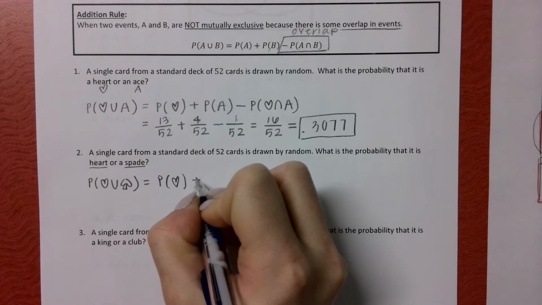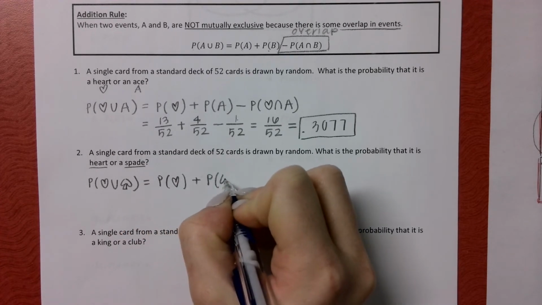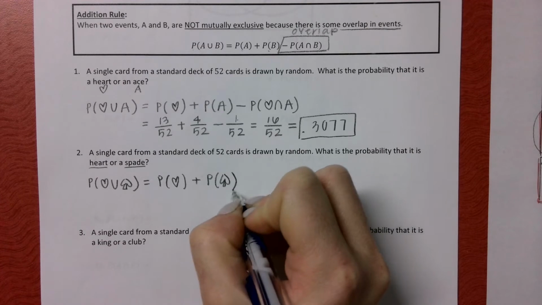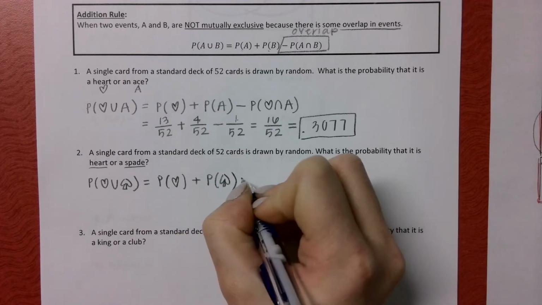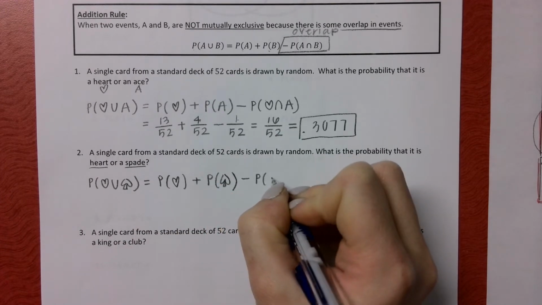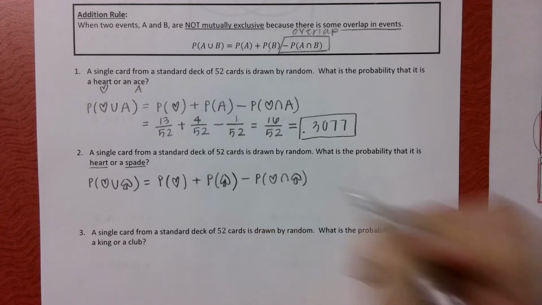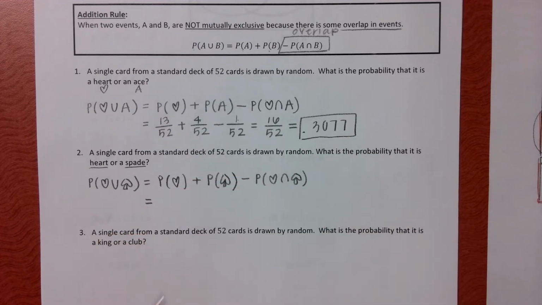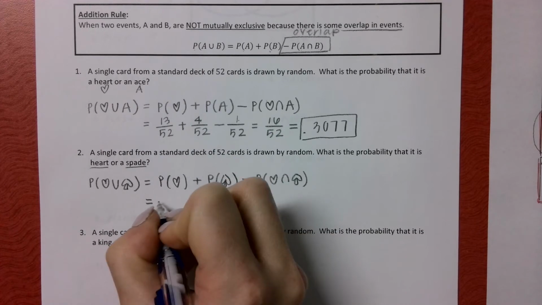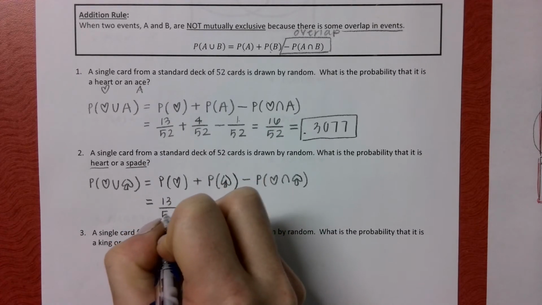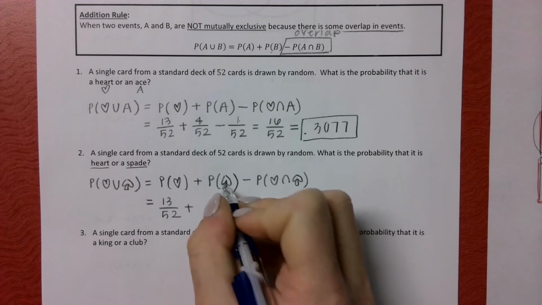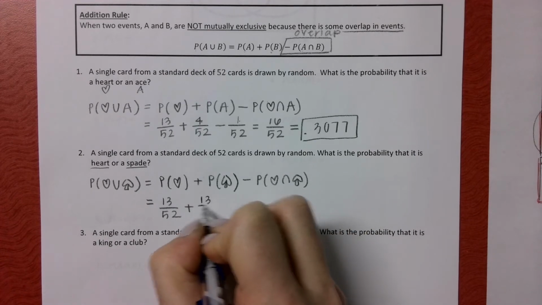So probability of heart plus the probability of a spade. And I'm going to subtract any overlap. Okay, probability of hearts. There are again 13 hearts in my deck of cards. And there are also 13 spades.